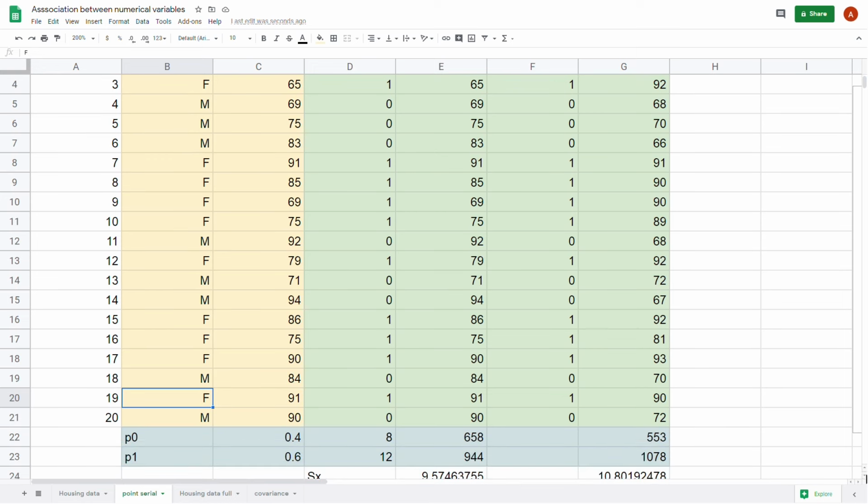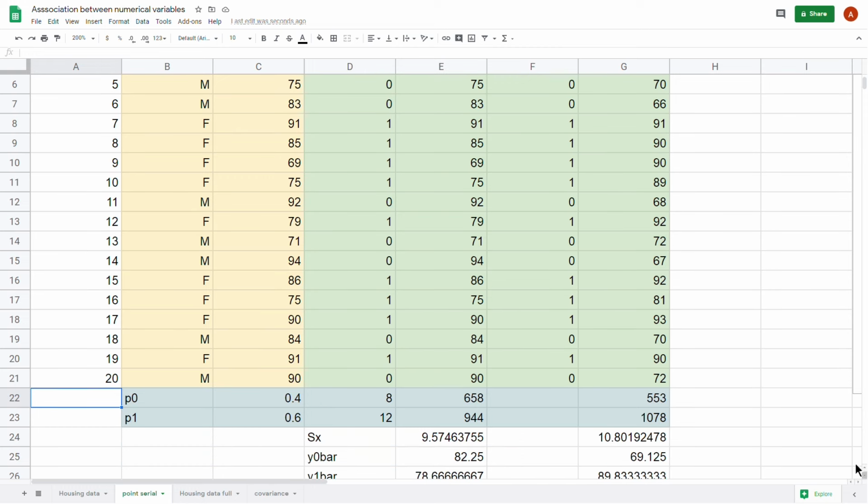So, my 0 is male. The proportion is nothing but 8 by 20, which is 0.4, and 12 by 20, which is 0.6. I am referring to these as P0 and P1.